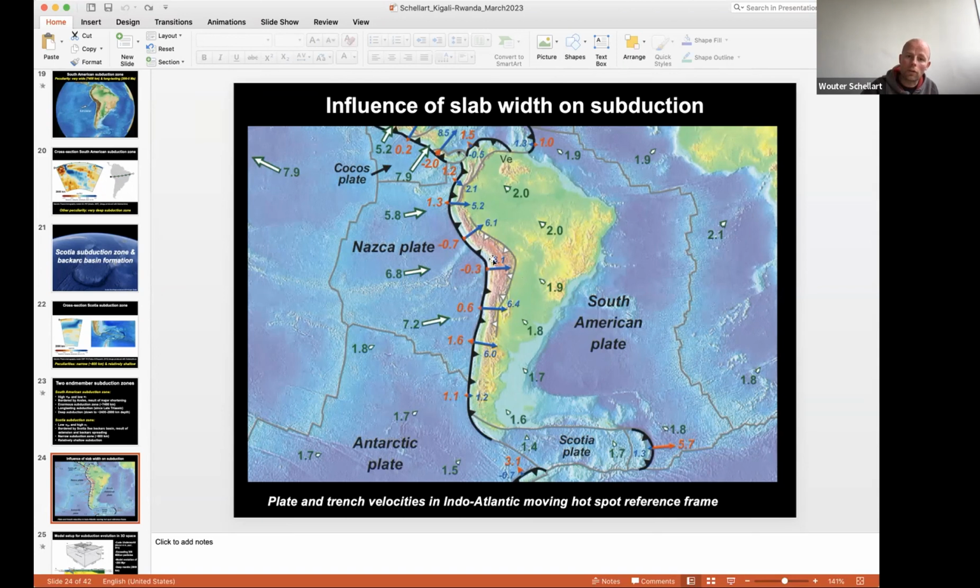What they found is that in the central Andes the cumulative amount of shortening is much more significant than further south and north. There's a reasonably smooth decrease in total shortening southward and northward away from this bend in the subduction zone, the Bolivian Orocline. Shortening here is of the order of up to about 400 kilometers since the Eocene, and to the south and north it becomes less, more of the order of 50 to 100 kilometers or so.